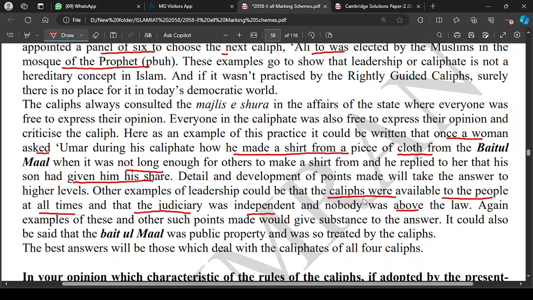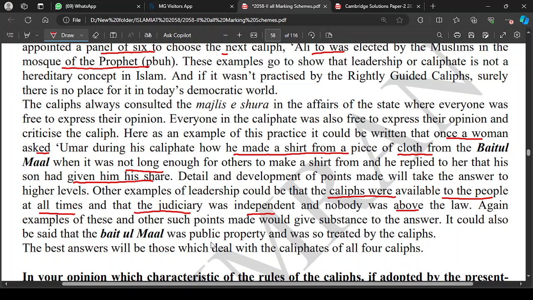Umar held himself accountable before his people. The way they treated Baitul Mal, it was public property and people were helped from the wealth of Baitul Mal. The Islamic empire was a welfare state, and people were given a share from Baitul Mal also.